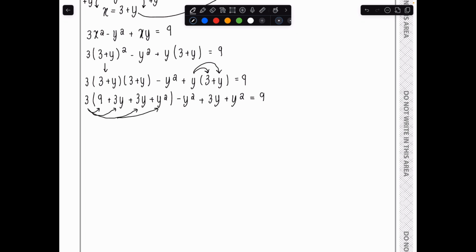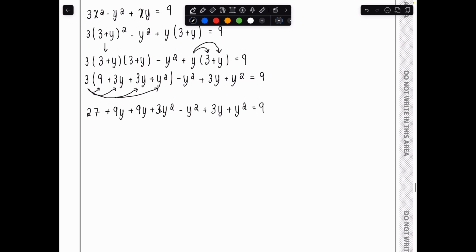So let's do that. 9 times 3 is 27, then 3 times 3y is positive 9y, then we have another positive 9y, and then we have a positive 3y squared. Then we take away y squared, add 3y, plus y squared, and all of that is equal to 9.